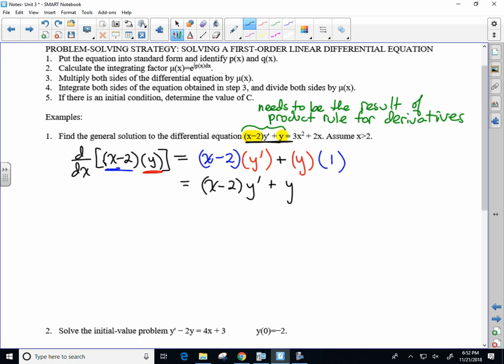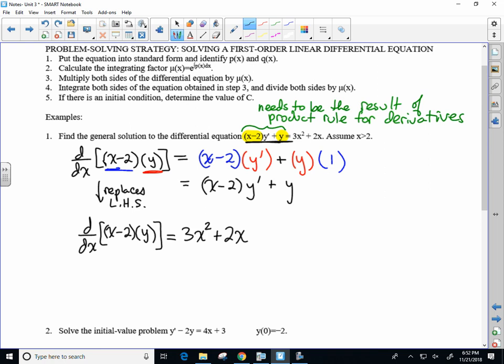What that allows me to do is replace the left-hand side of the equation with that derivative expression. So d dx of x minus 2 times y would itself be equal to 3x squared plus 2x.